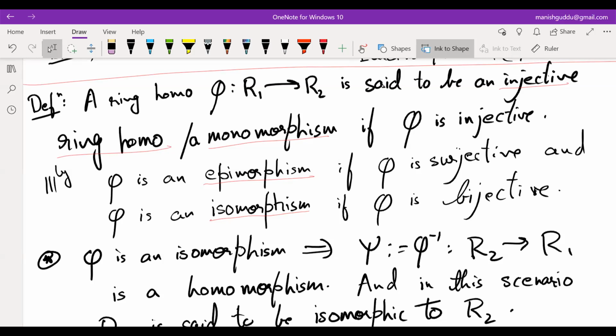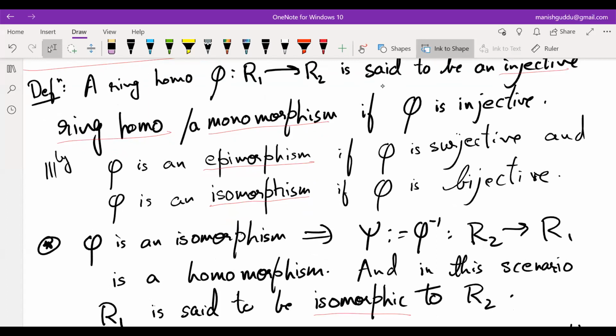If phi is an isomorphism, then it's a bijective function from R1 to R2. So it has an inverse as a set map, and that inverse happens to be a homomorphism.